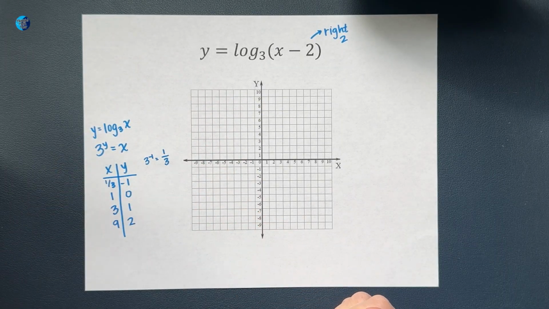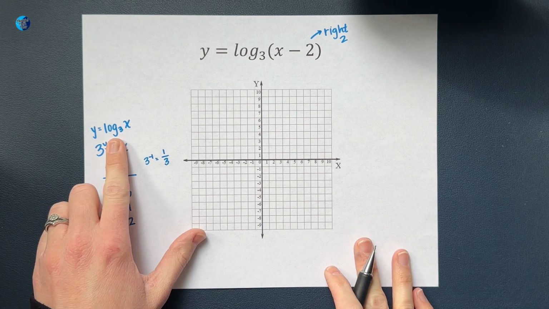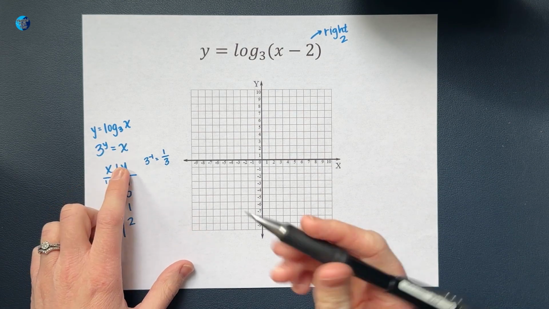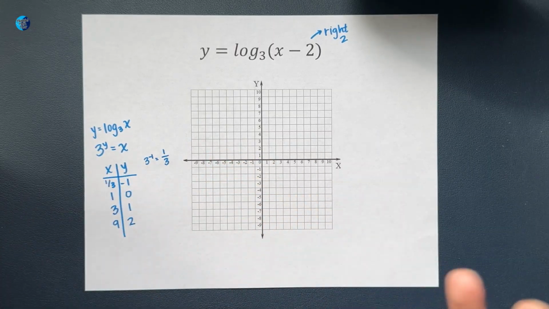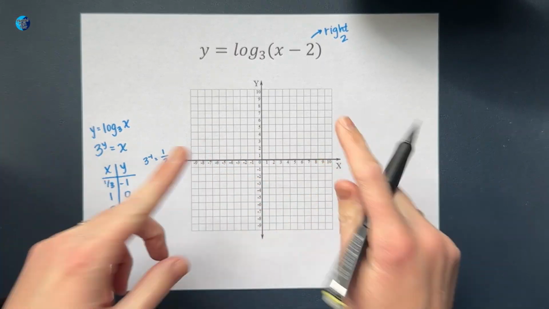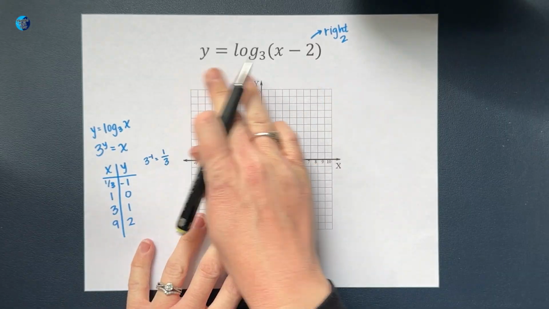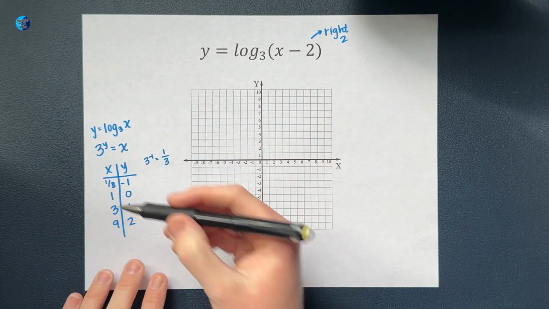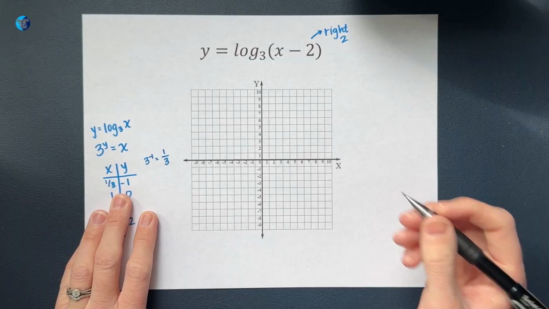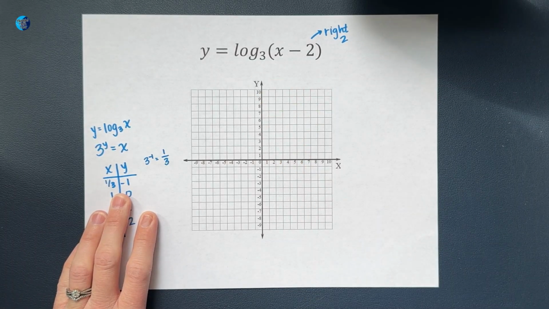Now, obviously, we could plug in points forever, but this is going to give us a good idea of what our graph looks like. So this, remember, is my parent graph. This is the log base 3 of x graph. So I'm going to graph it in pencil because it's not my actual graph. I got to shift it to the right 2 to get this graph. So I've got 1/3, -1. So 1/3, kind of guess where that is. It doesn't have to be perfect.